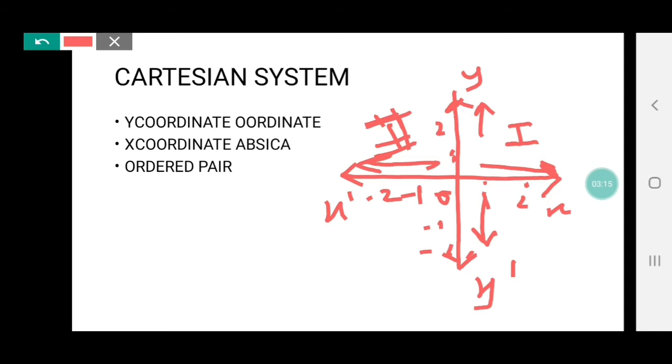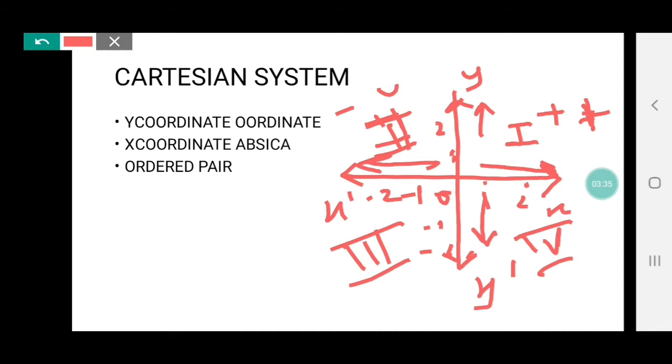So this is the second quadrant. This one is the third quadrant and this one is the fourth quadrant. Okay. Now in the first quadrant, x will be positive, y will be positive. Here x will be negative, y will be positive. Here it will be negative, negative. Here it will be positive, negative.